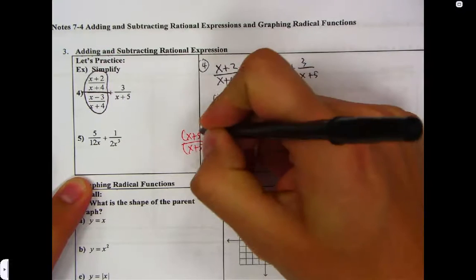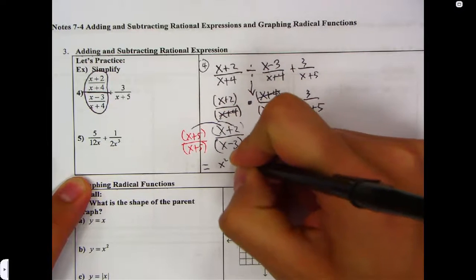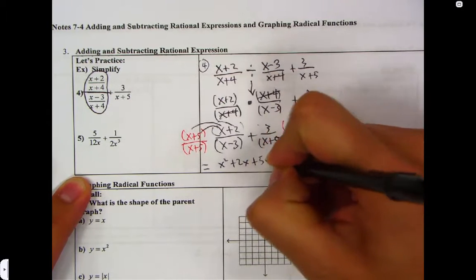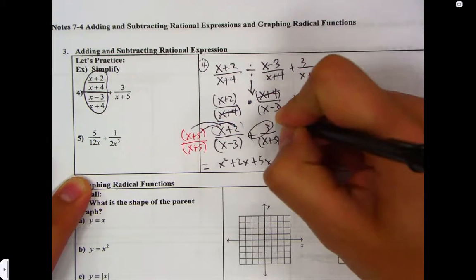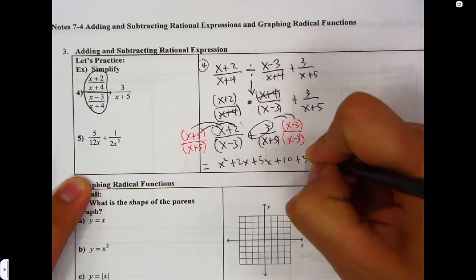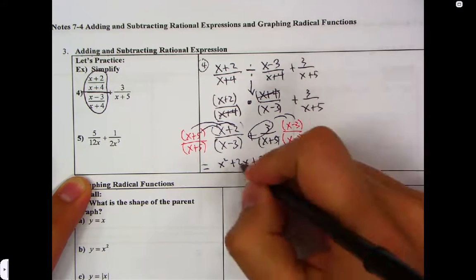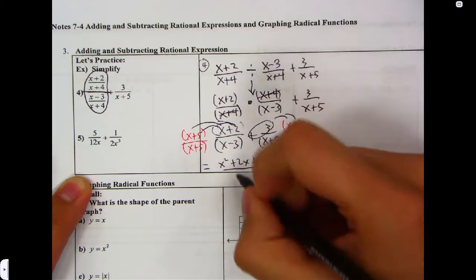So I got x times x, which is x squared, x times 2, which is positive 2x, 5 times x, which is 5x, 5 times 2, which is 10. Take the positive 3, distribute. 3 times x is 3x minus 9. All over, and just keep the same factors on bottom.